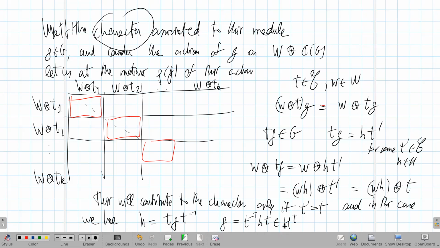And with this in place, we are ready to give the definition of the induced character, or the induced class function.